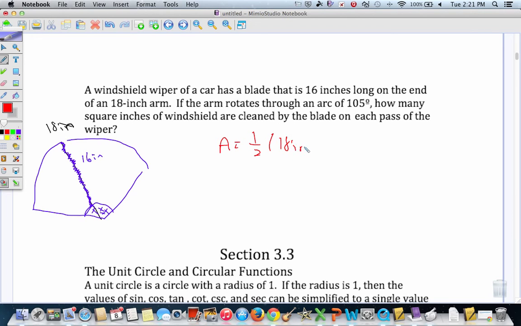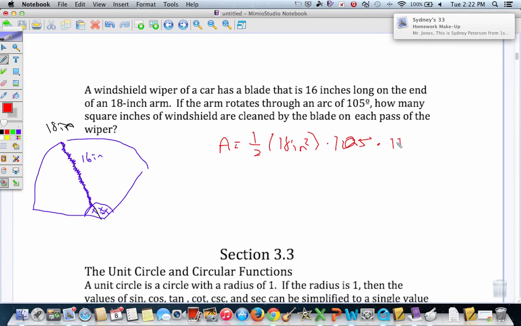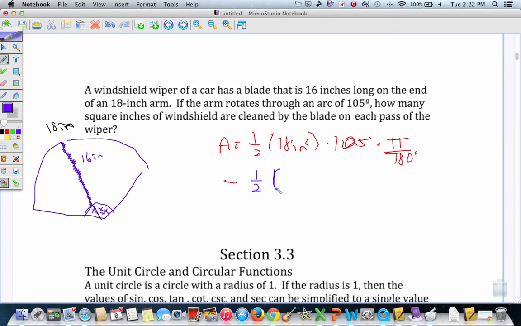It stays dirty, right? In other words, to find the area, we're going to find the area of the entire sector, so 1/2 of 18 inches squared times 105 degrees multiplied by pi over 180.